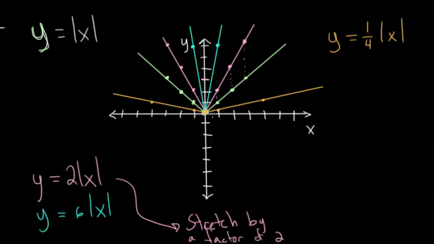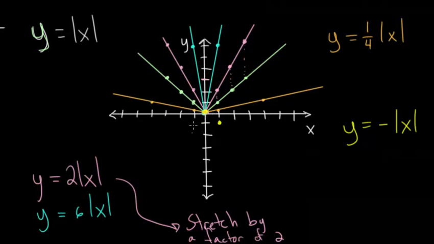So the last part we want to look at, just to complete this, is what happens when we multiply by a negative number. So let's say we have y is minus the absolute value of x. So now when we plug in 1, the absolute value of 1 is 1, but then we take the opposite of it, so that'll be there. If we plug in 0, we still get 0, since the opposite of 0 is 0.